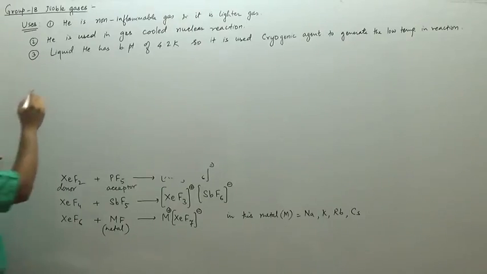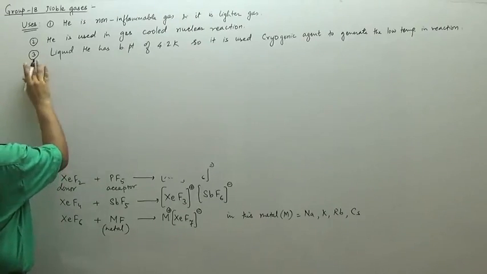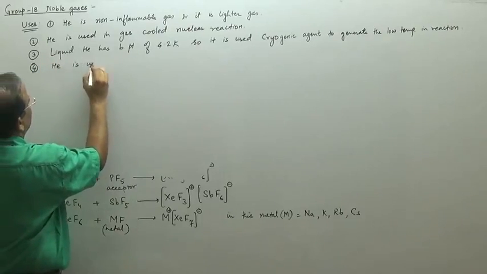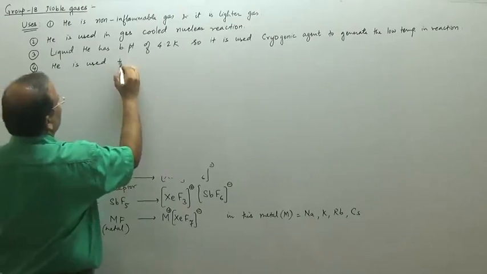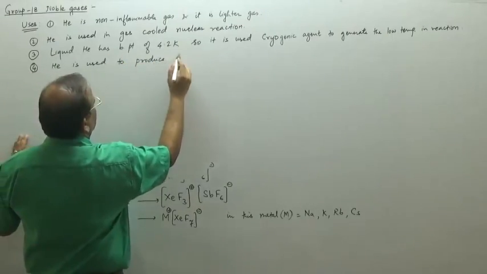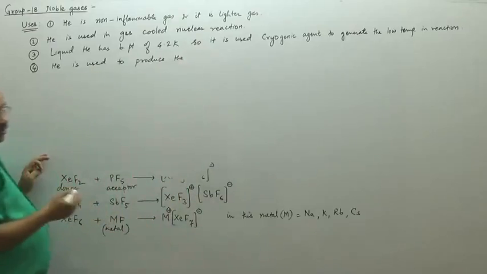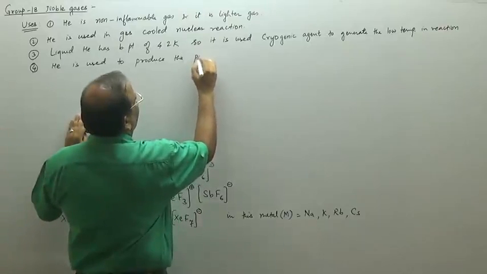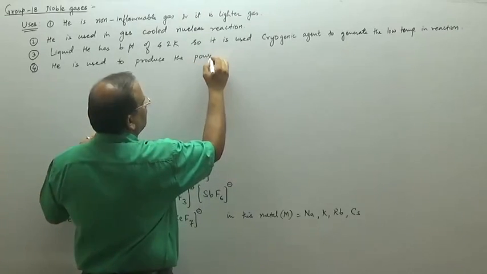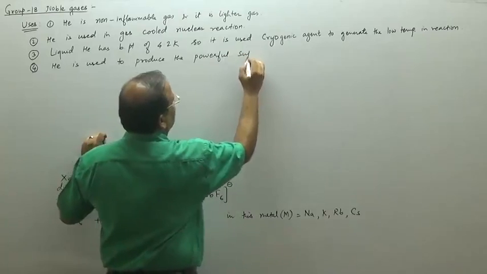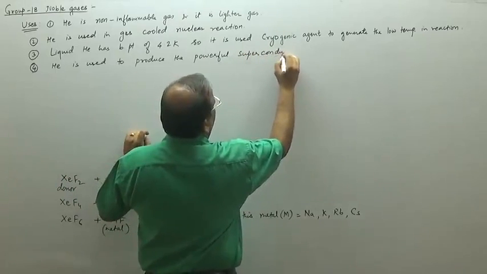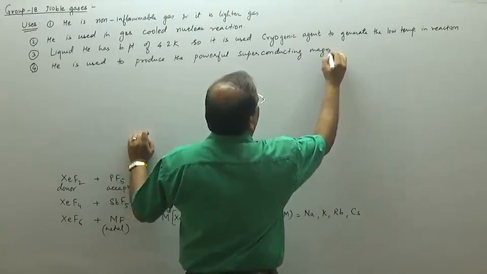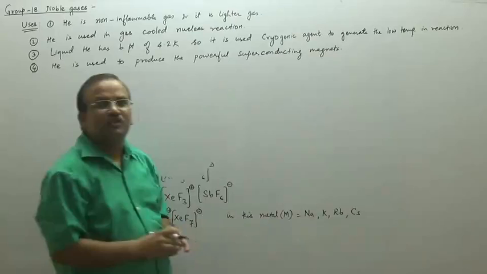Now helium is used to produce powerful superconducting magnets, because its boiling point is very low.